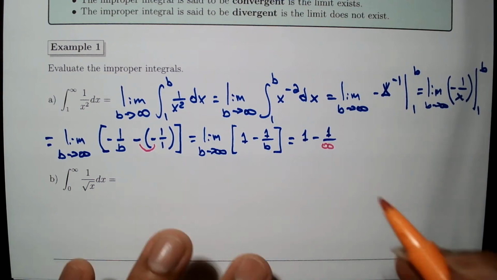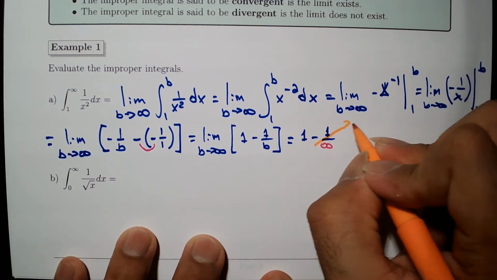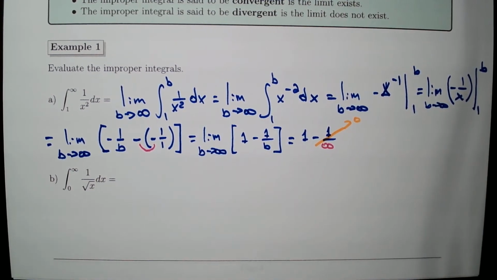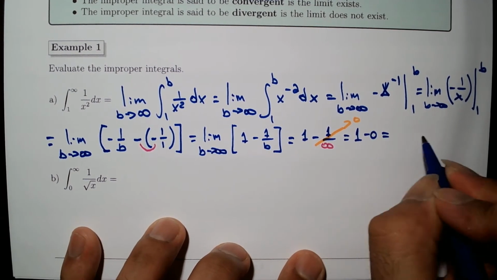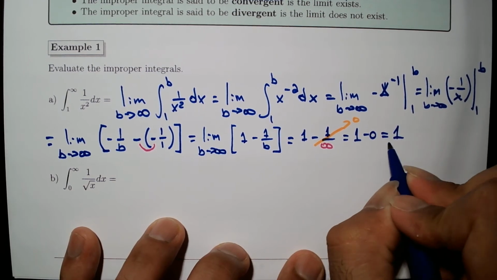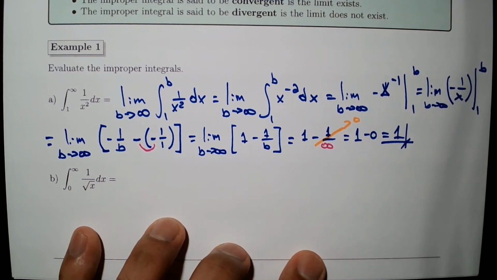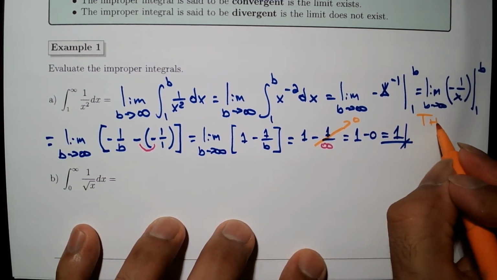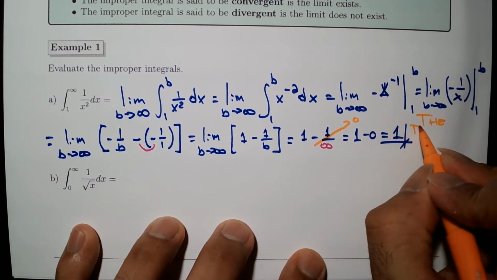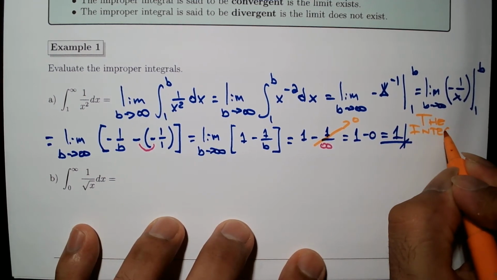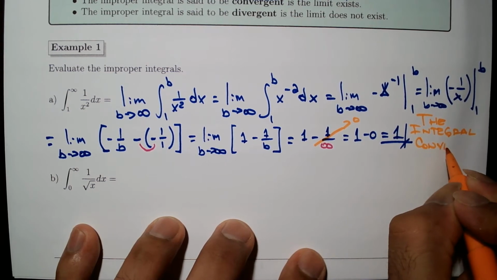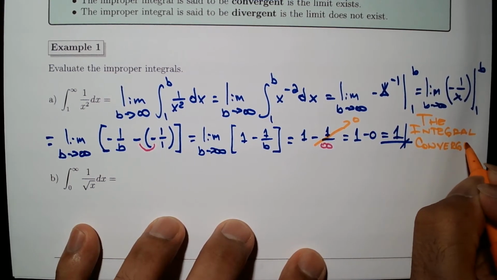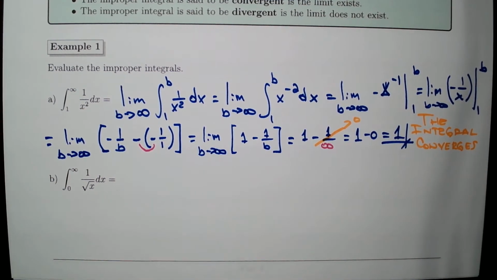Dividing by something huge is going to give us nothing. That's going to go to 0. So in this case, we get 1 minus 0, which is 1. Final answer. So in this case, we say that the integral converges, and that is because the limit exists.